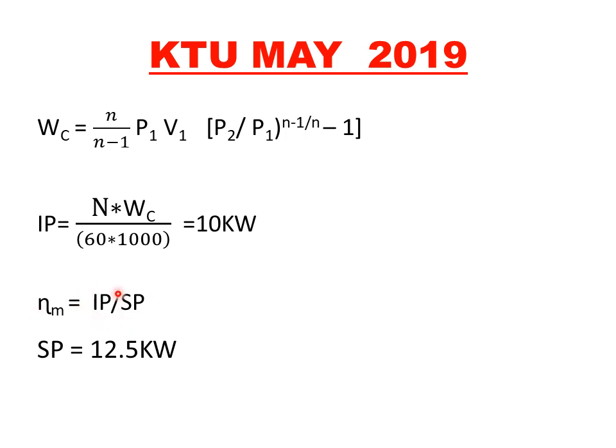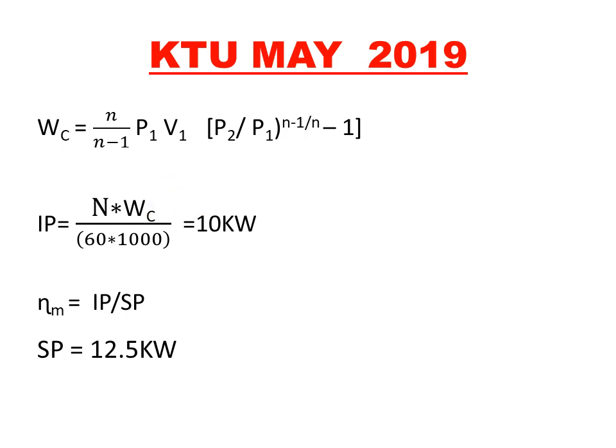So for finding the indicated power, first we need to find out the work done. Since it is the case of compression without clearance, we can replace V1 minus V4 by V1. All the terms in these equations are known to you, so that you can directly get the value of V1. Since I substitute the value of V1 in meter cube, I will get the unit of work in joule.